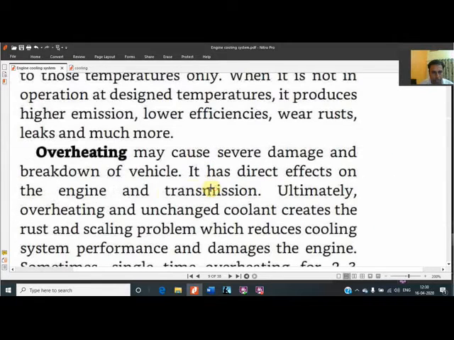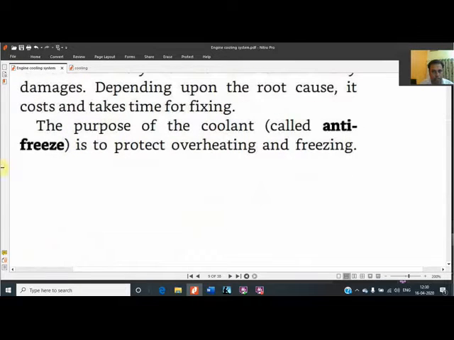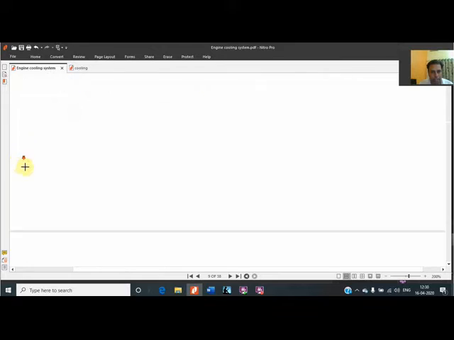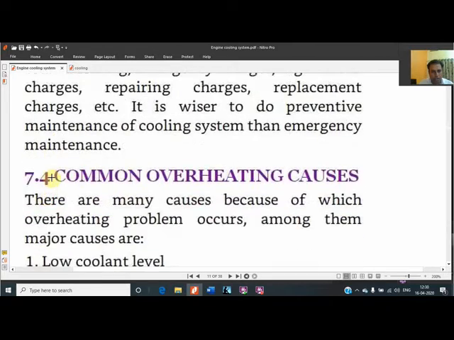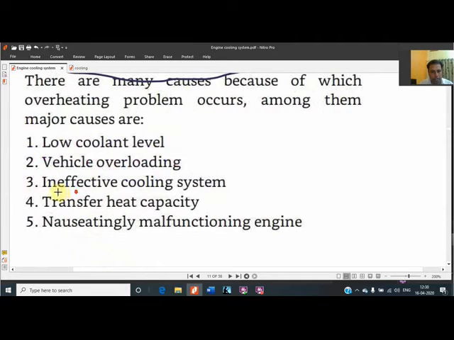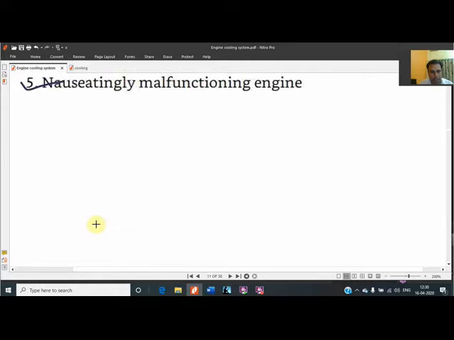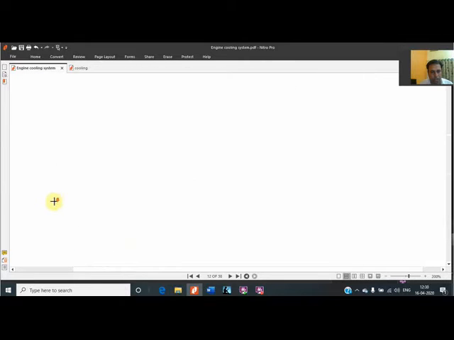One trouble will be overheating, and what the reasons for overheating are. We will cover that, and after this the common causes of overheating: low coolant level, vehicle overloading, inefficient cooling system, transfer heat capacity, and a malfunctioning engine. We will cover all these.